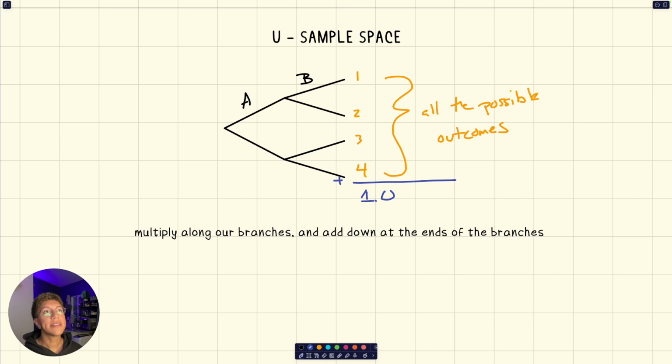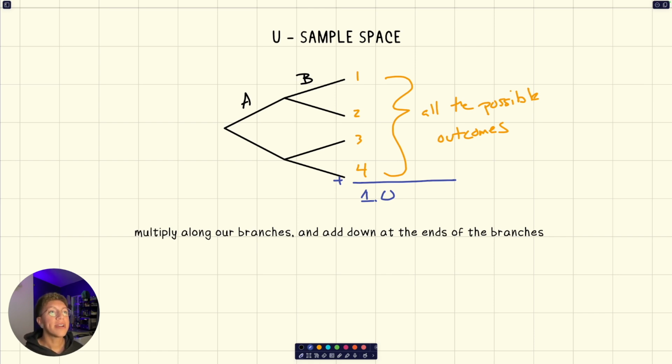And because these branches here and here, we'll get into it a little bit more later on, are the outcomes of B and B naught and A naught, these branches also have to sum to 1. But we're getting maybe a little bit ahead of ourselves. So that's our sample space for a tree diagram.